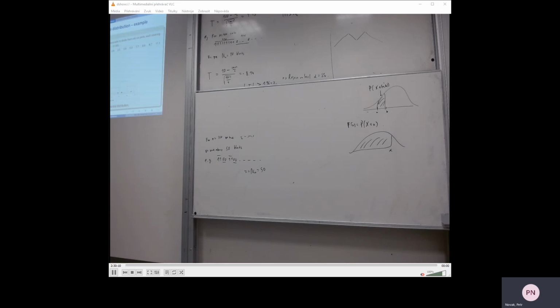The histogram gives you an immediate, simple look at the data. It tells you whether the data looks uniformly distributed, or normally distributed, or exponentially distributed like this, or even following a different distribution.